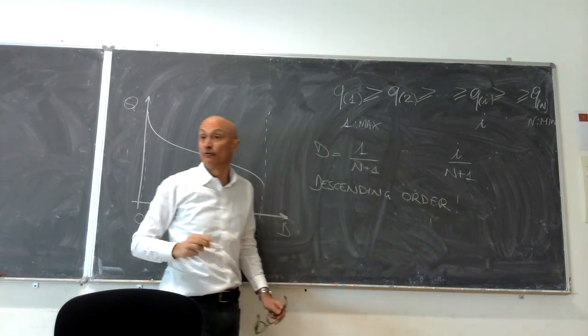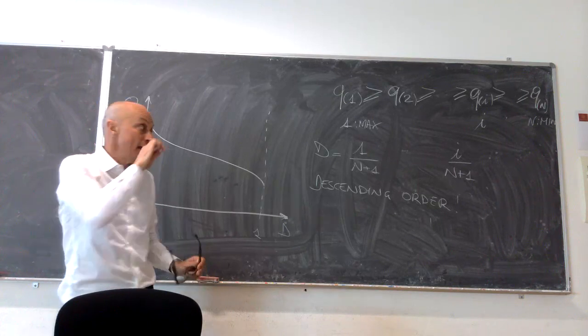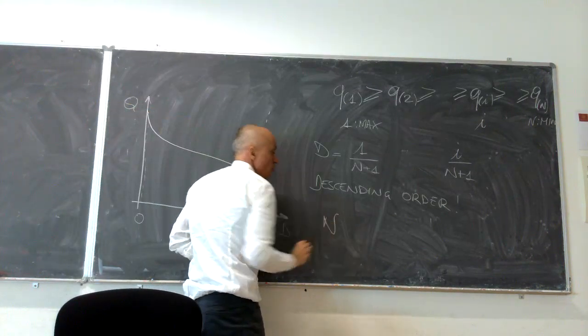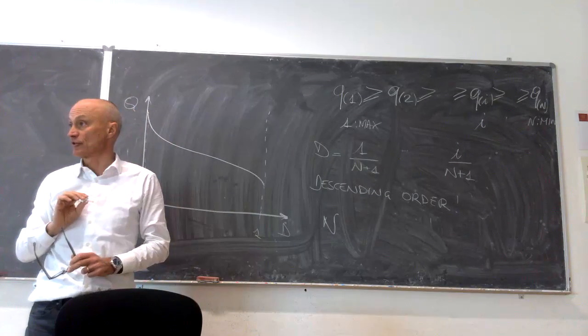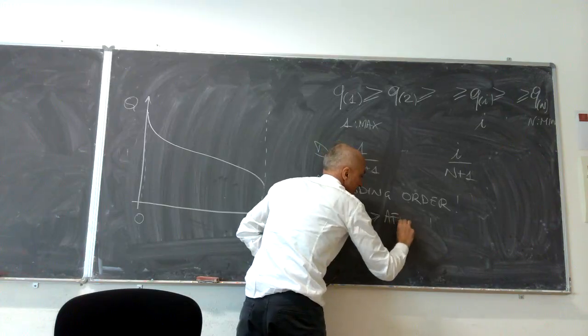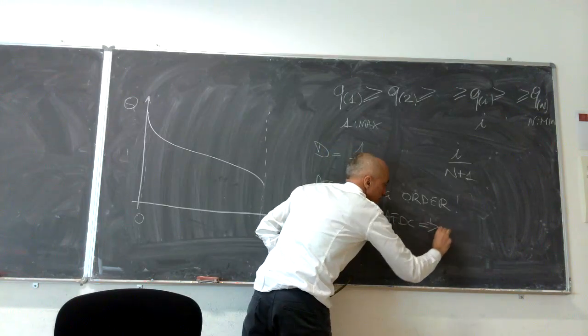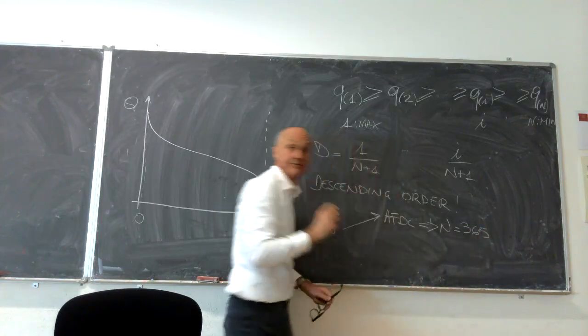So just be careful, okay? And, well, if we are working with annual flow duration curve, n is equal to 365, right?